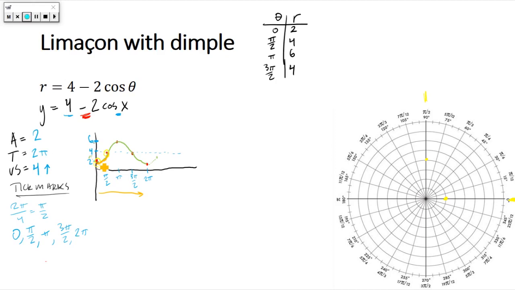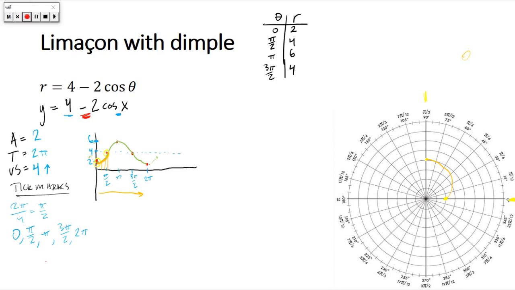And as we leave 0, we see that the radius is increasing, this value here is increasing until it gets to pi over 2. And if we translate that over here, that means as it's leaving this point, it's getting larger and larger until it gets to 4 at pi over 2.